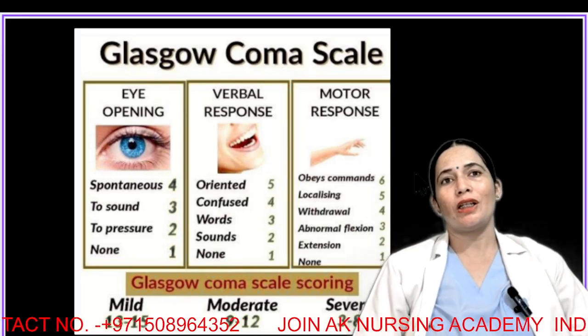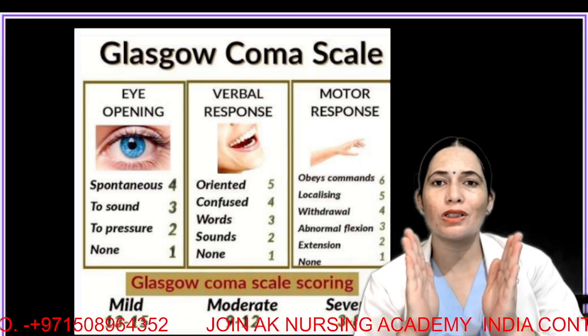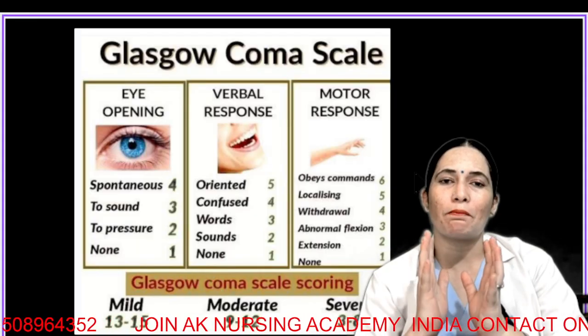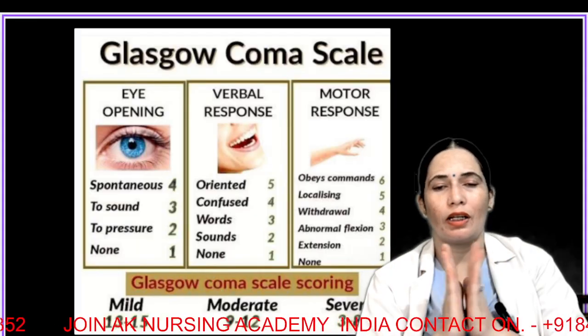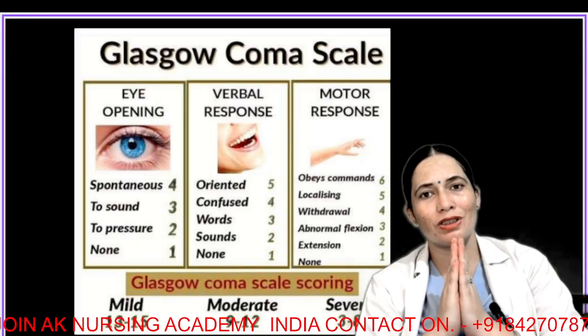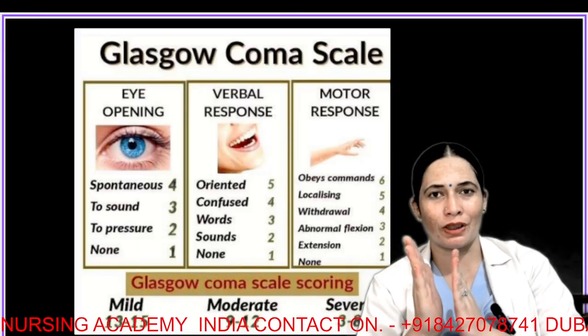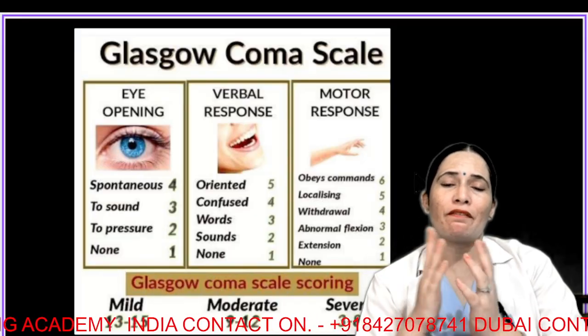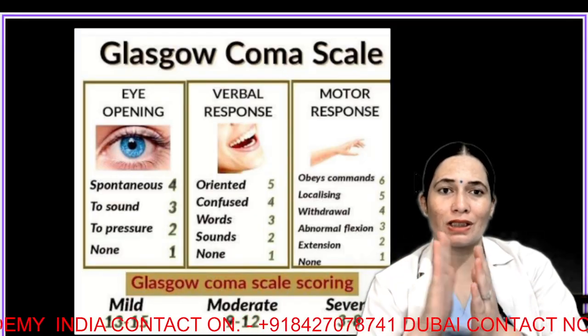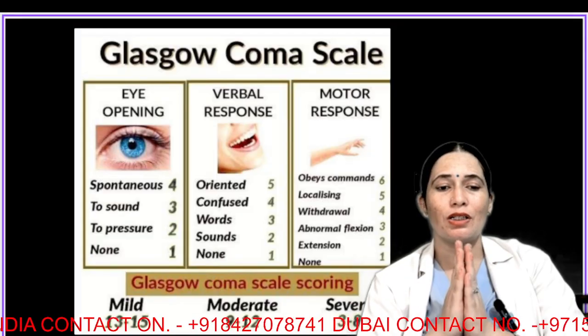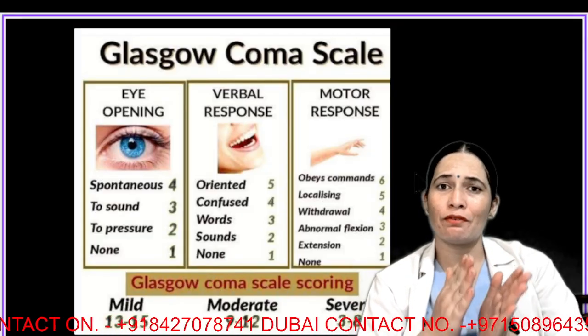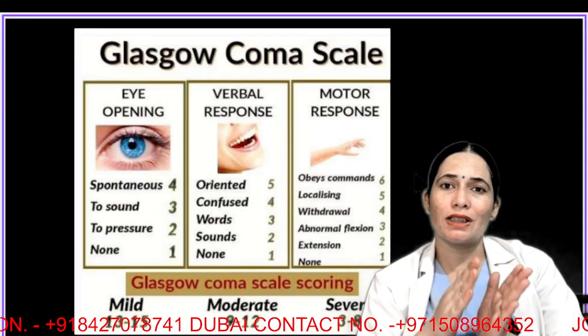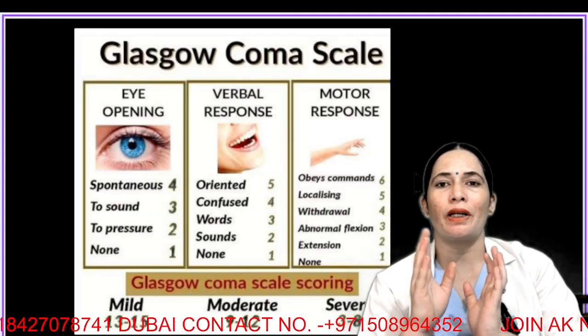There are 15 scores in total. A total score of 15 means the patient is fully conscious. If the patient's GCS score is 13 to 15, the patient has a mild brain injury.